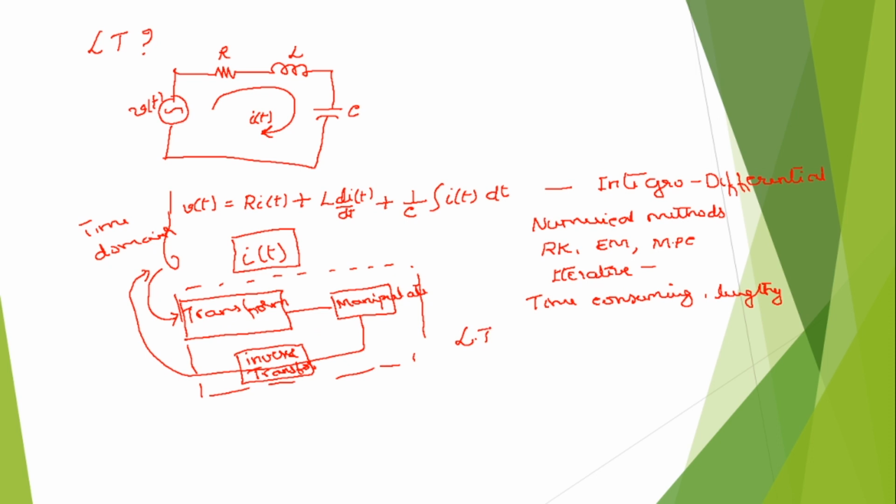One is the Laplace transform, another is the Fourier transform, and the Z transform, depending on the signal. In this module we will concentrate only on the Laplace transform. For any given signal or expression, we are converting it into another platform.